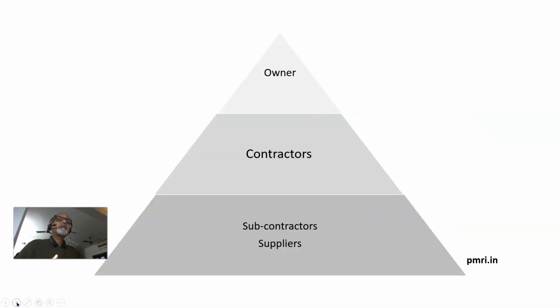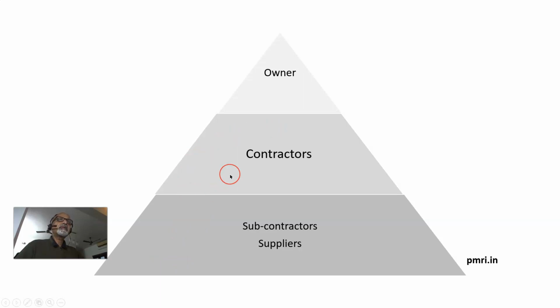Now on top of it, projects will have multiple layers of stakeholders. At the minimum level, we have the owner, we have the contractors, and we have the subcontractors and suppliers. So all these people will be creating their own plans. The owner will have their project plan. The main contractor will have a project plan which encompasses all the subcontractors' and suppliers' plans.